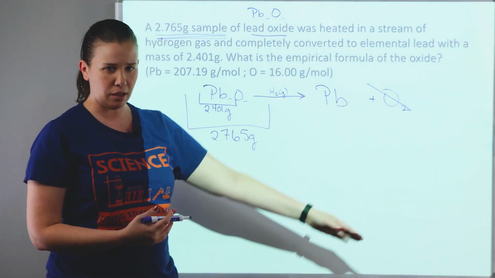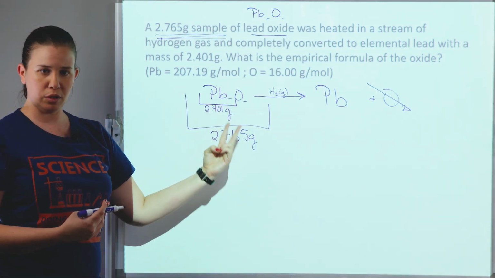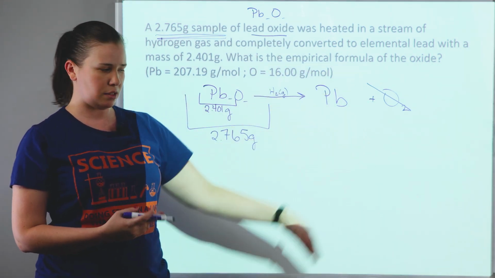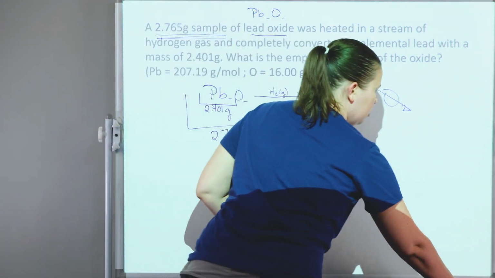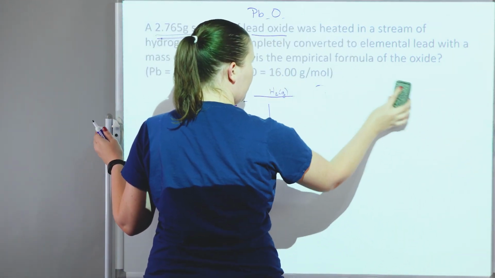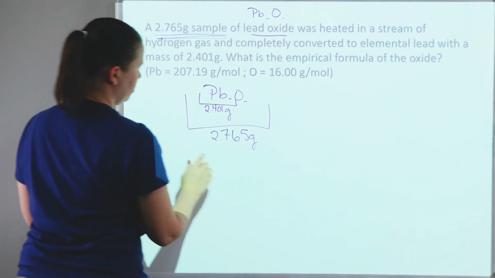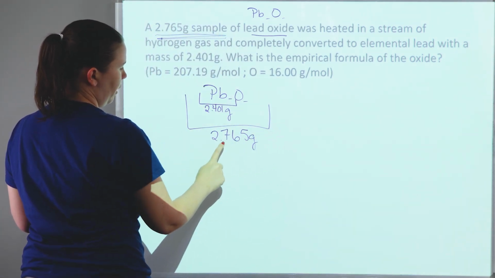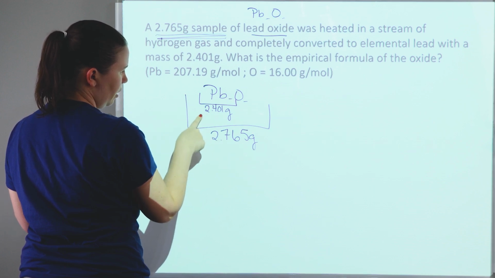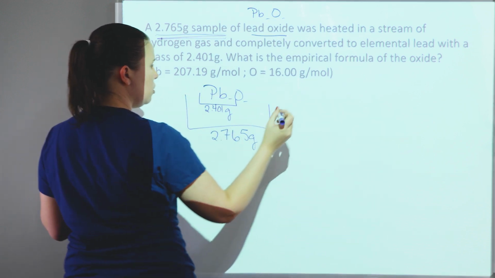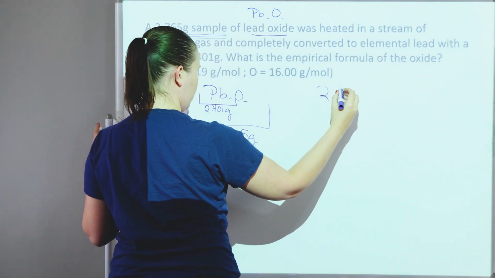And it really doesn't matter to the empirical formula part of the question whether that's diatomic or not in the end. So I'm kind of going to take a step back. I did want to show the equation in general, but this is really the part that matters here. I had a total mass of 2.765 grams and the lead is 2.401 grams. So if I find the difference, I can get my oxygen.